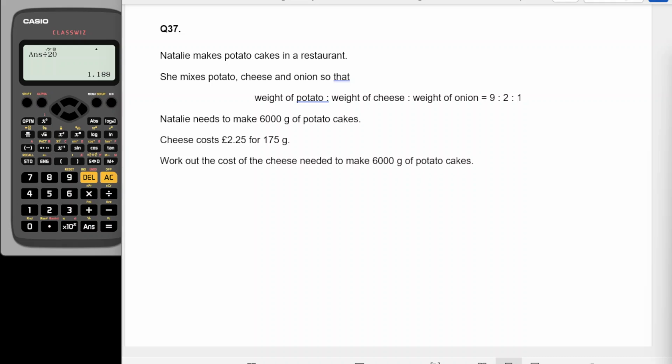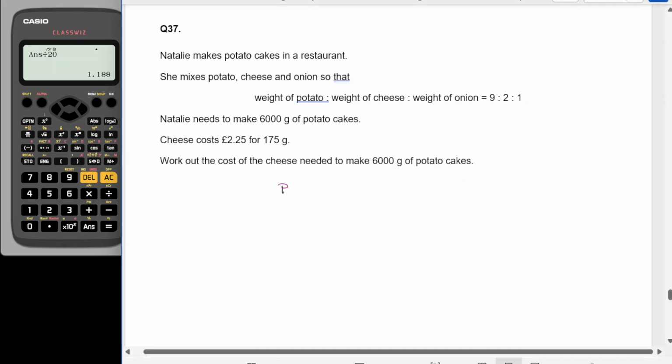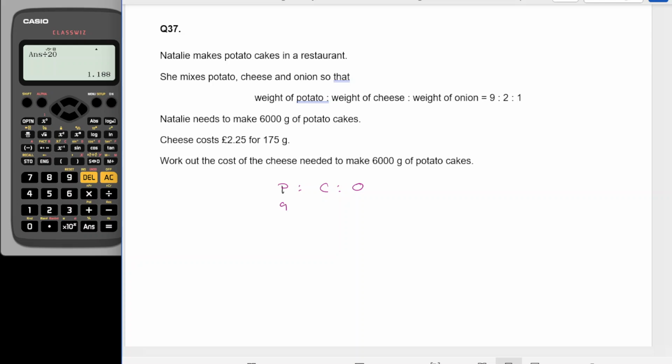Okay, we've got a slight dilemma here, but I'll come back to that in a moment. So let's start with the ratio potato to cheese to onions, 9 to 2 to 1. She needs to make 600 grams of this, so each part is going to be 6,000 divided by 12.